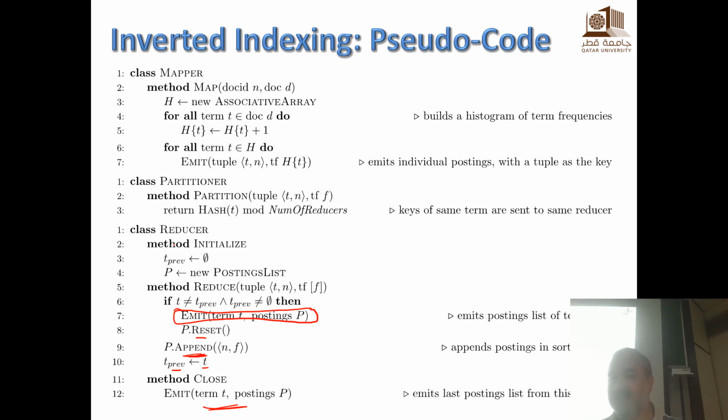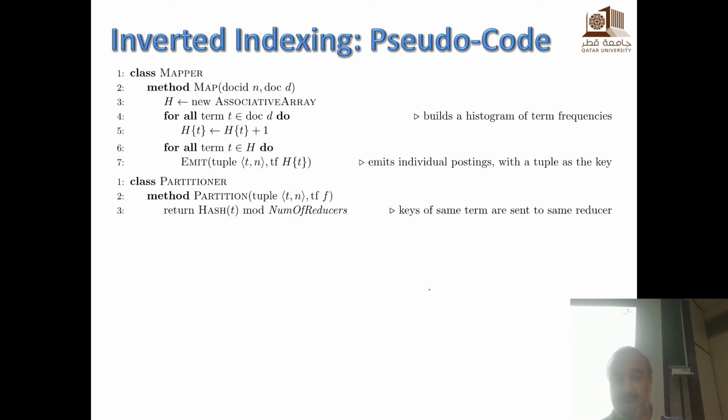Okay, so for example, let's say that we have two documents, document 1 and document 2. This term x appeared here and x appeared here, with this frequency and with that frequency. We can combine this somehow to say, instead of x with that and x with that, we can have x with two postings.